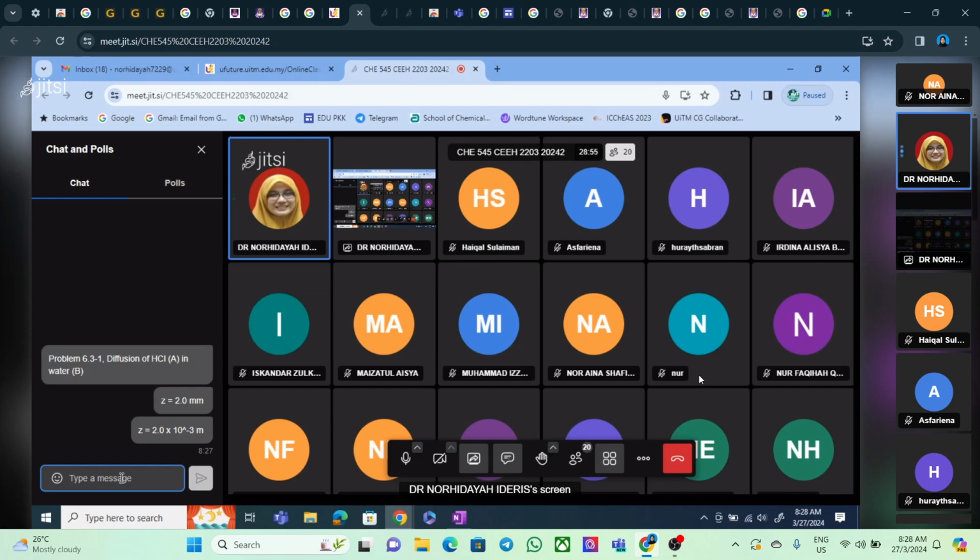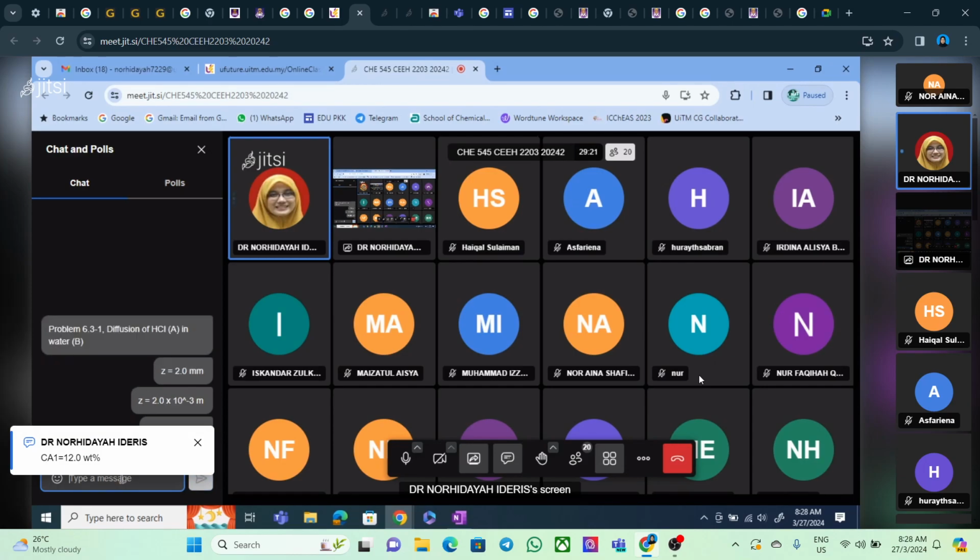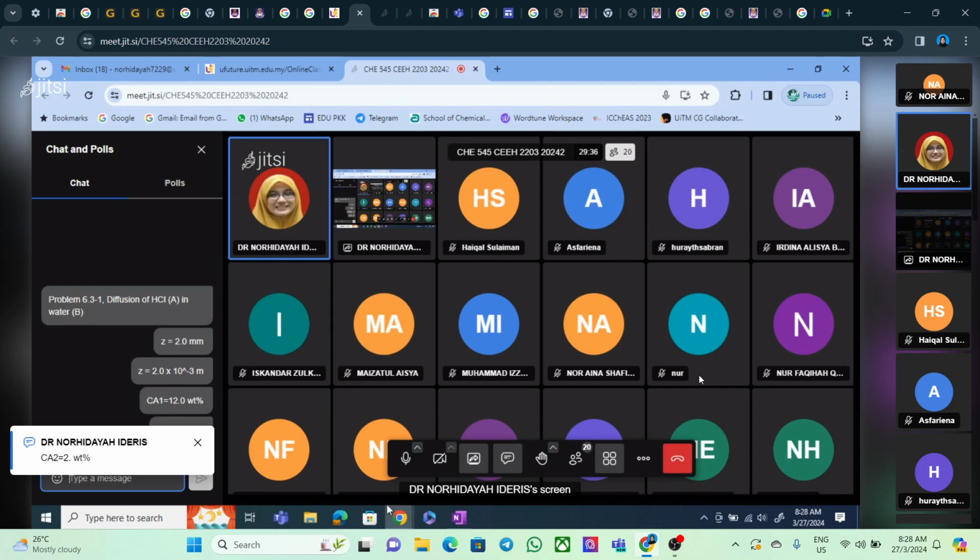So in this case it's easy. CA1, CA2 is given, row 1 and row 2 are given, and DAB is also given.